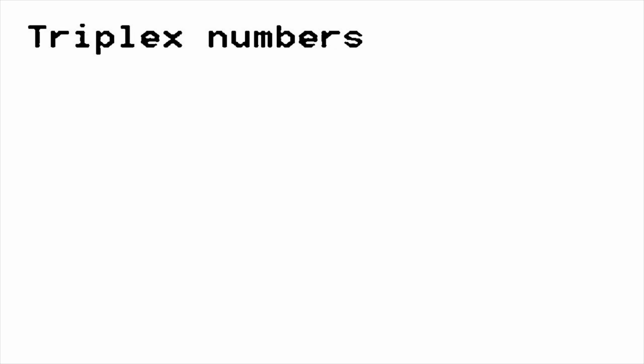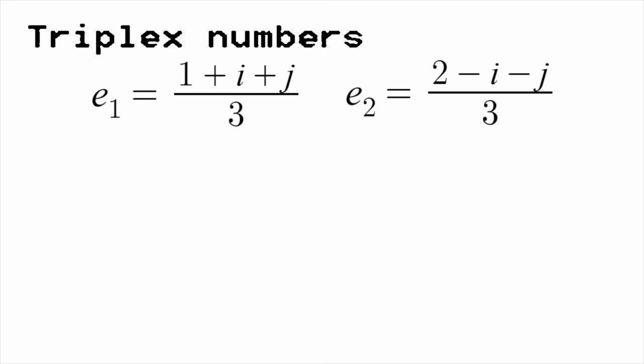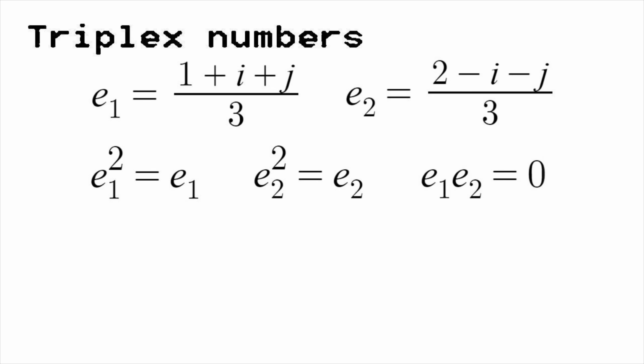To start off, let E1 equal (1 + i + j)/3 and E2 equal (2 - i - j)/3. Note first that these two have exactly the same properties as their split complex counterparts. E1 squared equals E1, E2 squared equals E2, and E1 E2 equals 0.